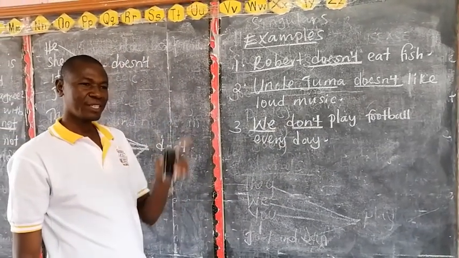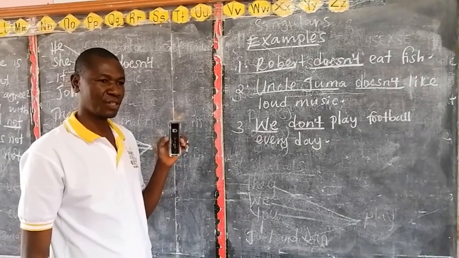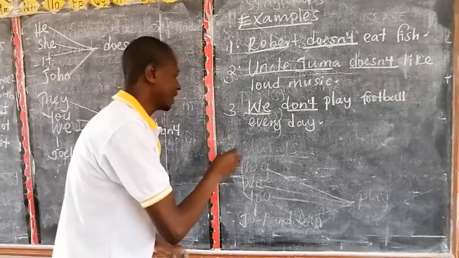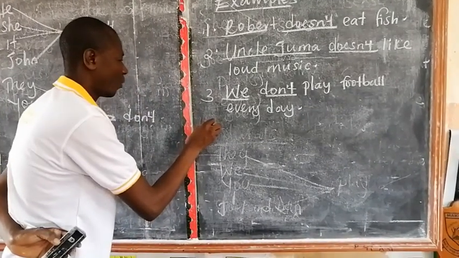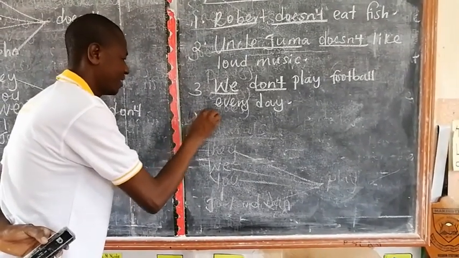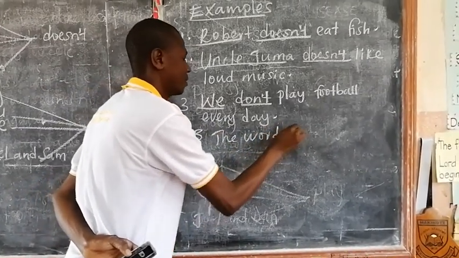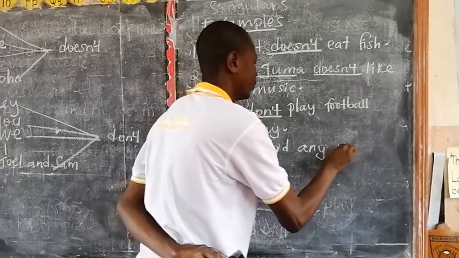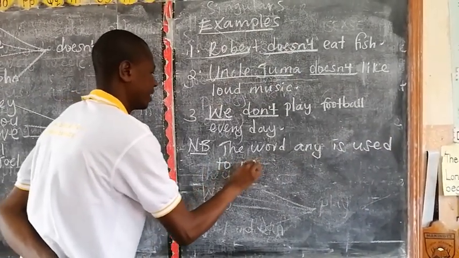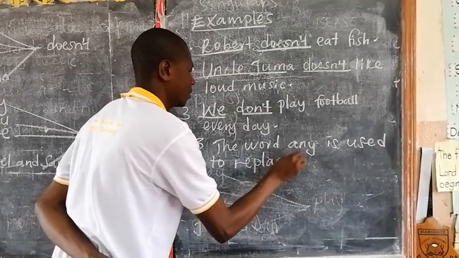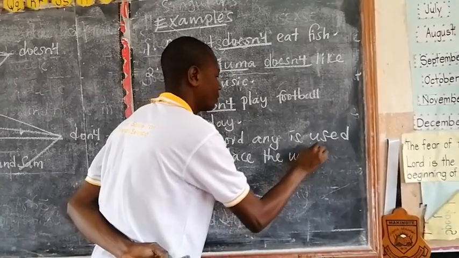Then there is something which is very common in the present simple tense negative, that in any negative sentence, the word any is used to replace the word some.